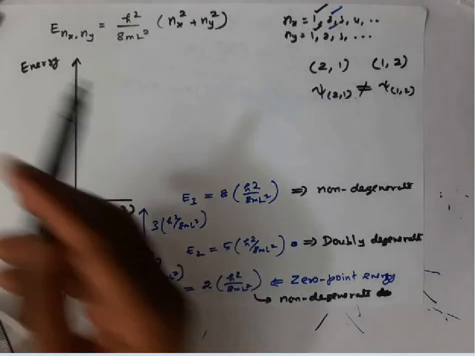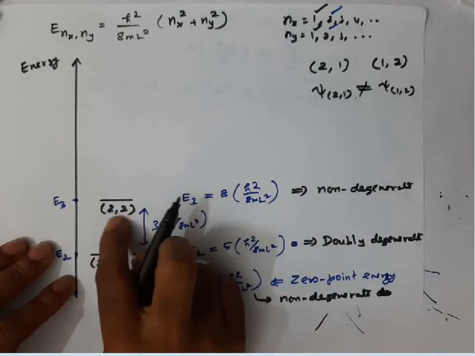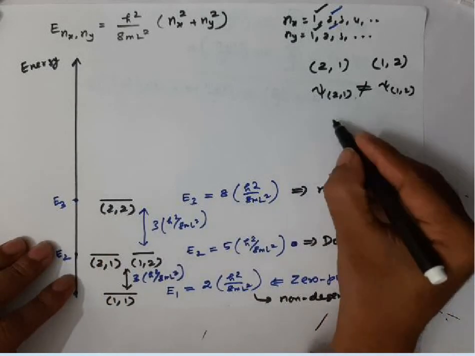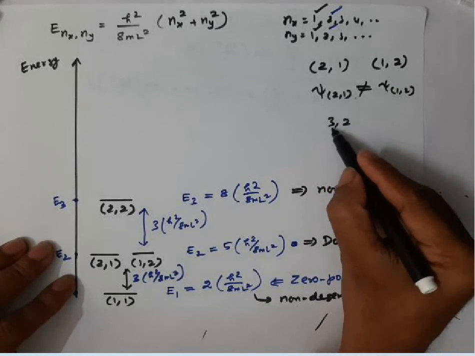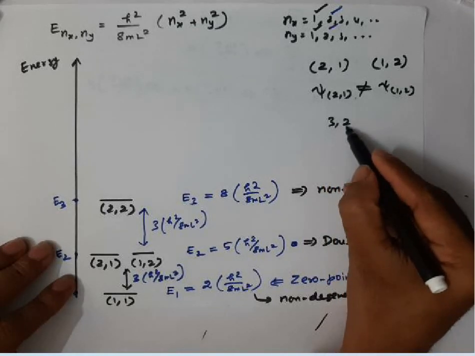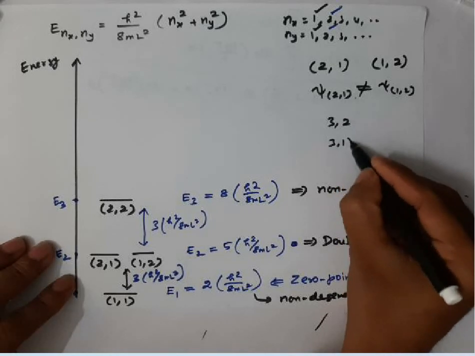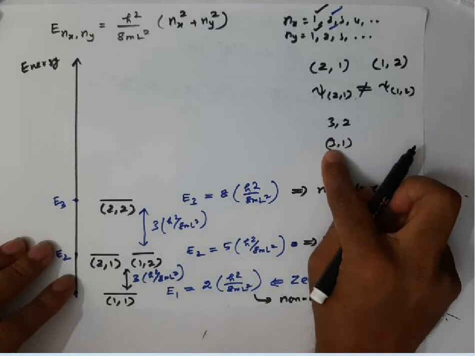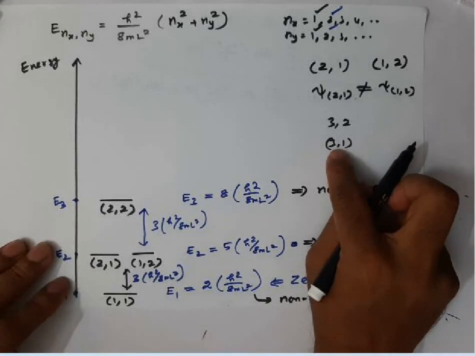So what is the next level? The next level has energy, say 3, 2. If I take 3, 2, what will I get? 3 square is 9, 2 square is 4, so 9 plus 4, 13. What about 3, 1? 3 square is 9, 1 square 1, 10. So this is supposed to be the lower energy.